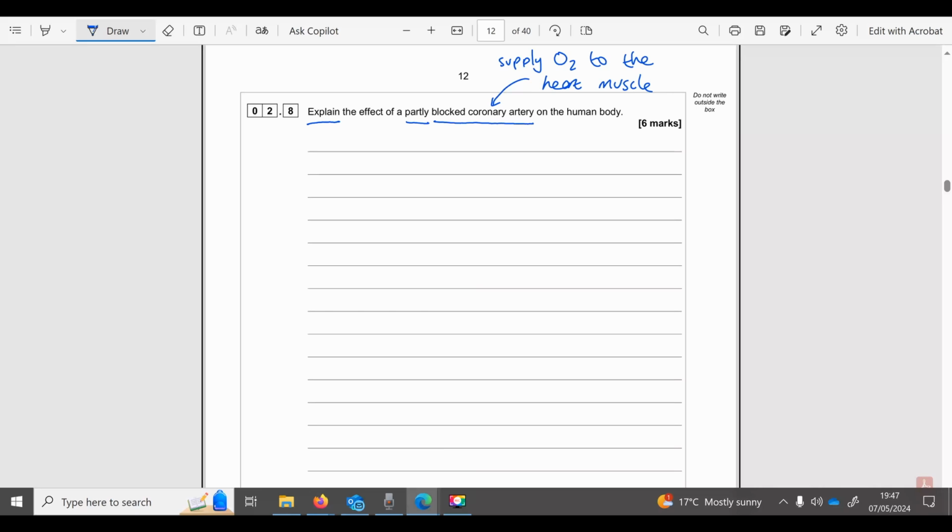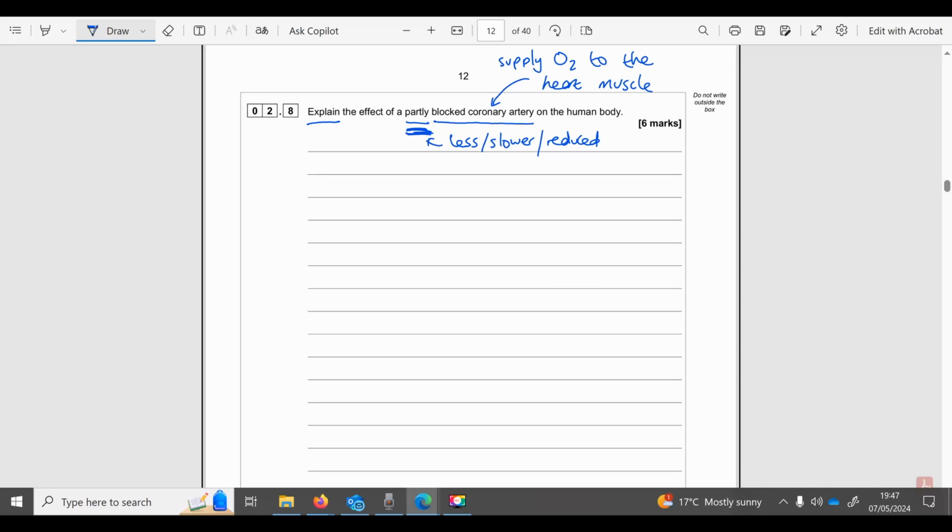So it's not allowing blood to be pumped, but it's helping the heart to do that. So what would be the issue if this blood vessel is partly blocked? Now, it didn't say fully blocked. If we were to talk about fully blocked, we should then be thinking no oxygen would be supplied.